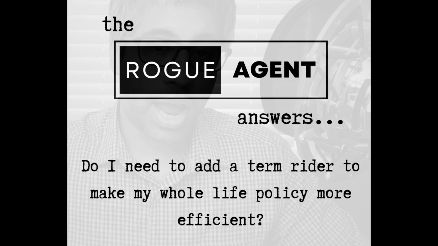When you're in your 30s, 40s, 50s, having a term rider lets you put on a lot more paid up additions, and that tends to work really, really well, while avoiding TAMRA violations, without hitting the MEC limits. So yes, conditionally it can help.